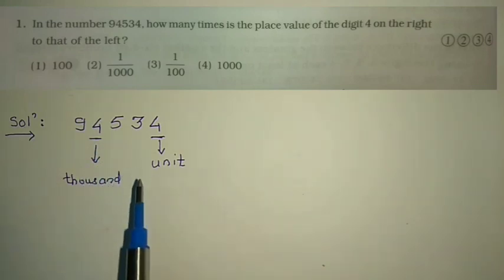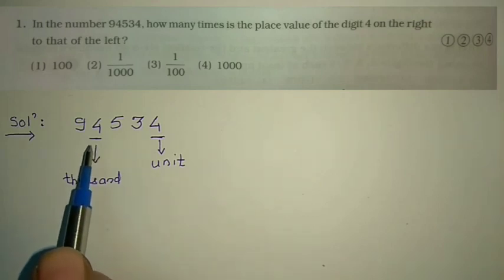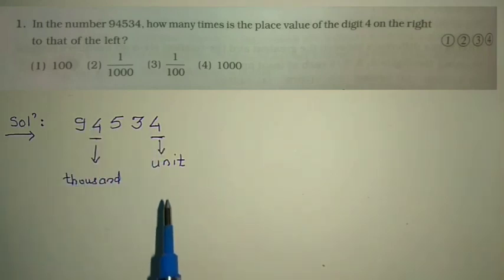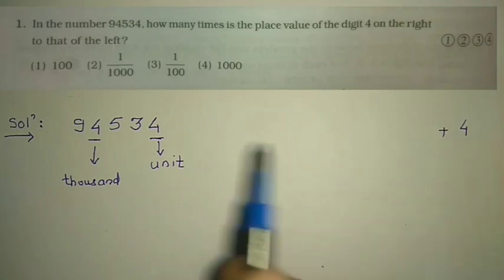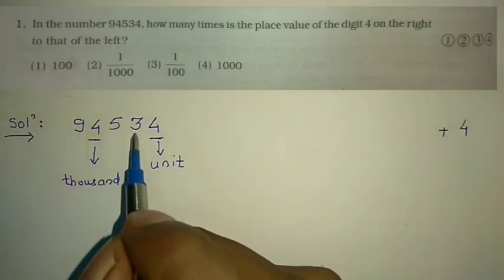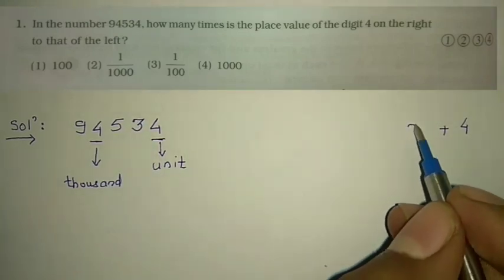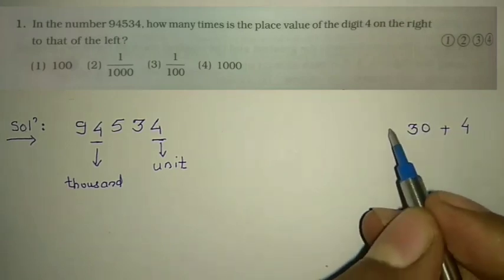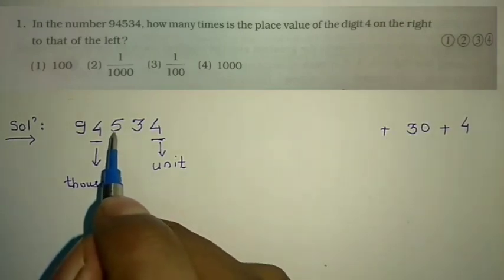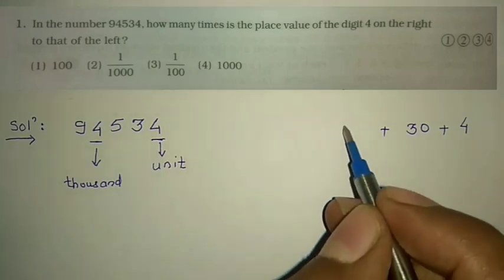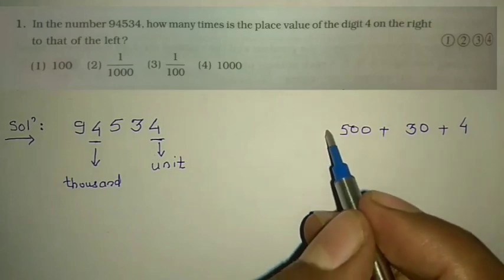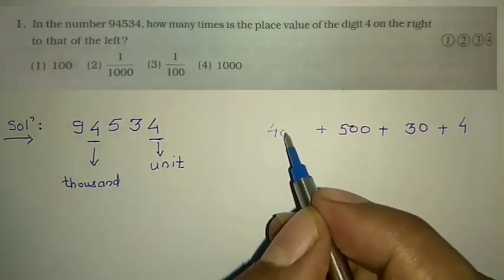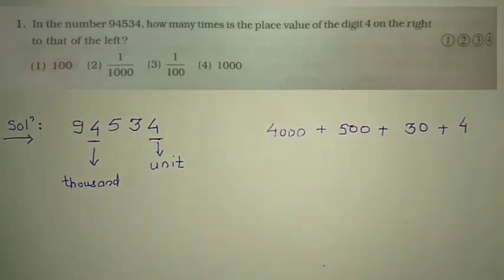In order to understand this question, first write this number in expanded form. Expanded form means this is first 4, so 4, plus this one is 3, 10 plus means 30, plus 5 at which place? 100 place, so it will become 500, and this 4 is at 1000 place, so 4000.